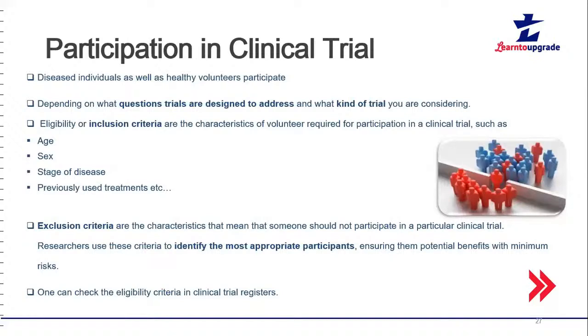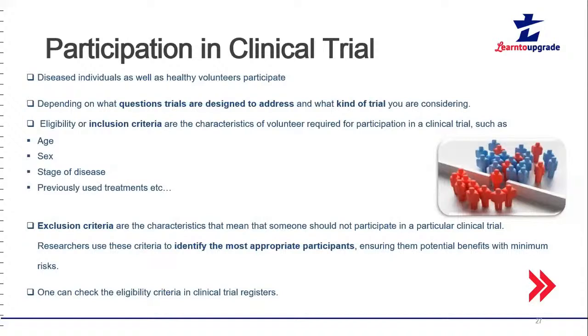That is the main reason why we need the inclusion exclusion criteria, because we don't want to use humans as guinea pigs. Authorities don't want you to use them that way. We have to specify the particular inclusion exclusion criteria and get only those participants, because from them only you can get the best data about the potential benefits and the risks of a particular product.